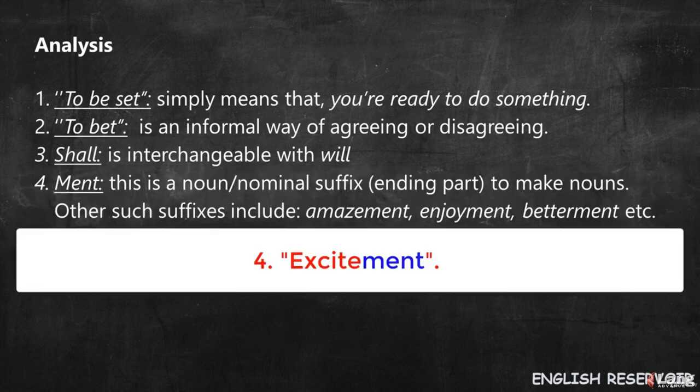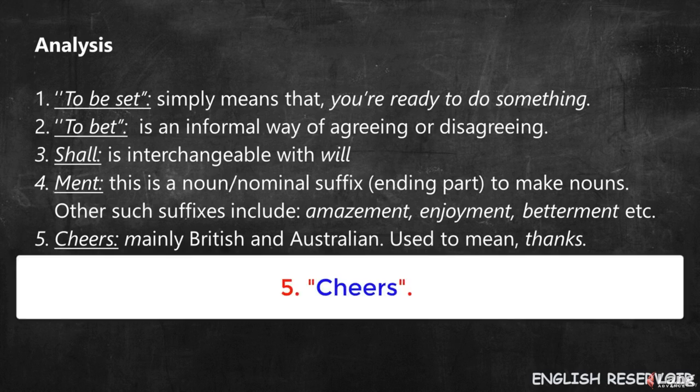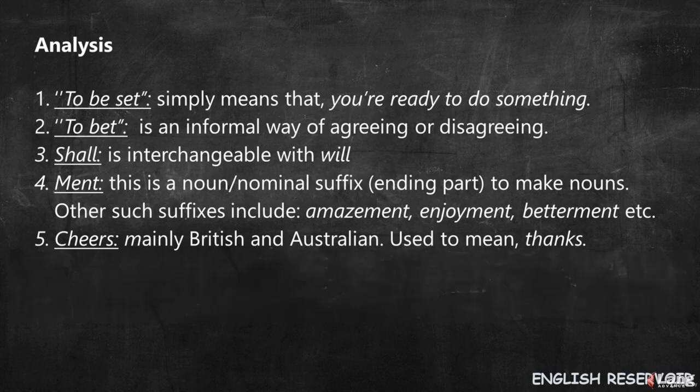Ment. This is a noun or nominal suffix that is an ending part to make nouns. Other such suffixes include amazement, enjoyment, betterment, etc. 5. Cheers, mainly British and Australian, used to mean thanks.